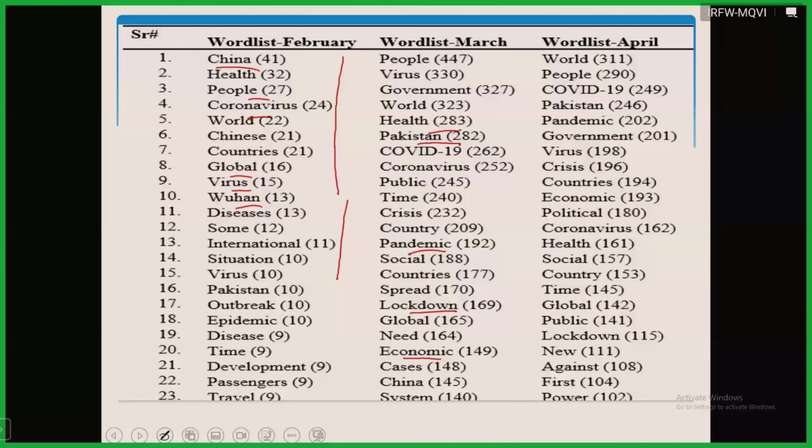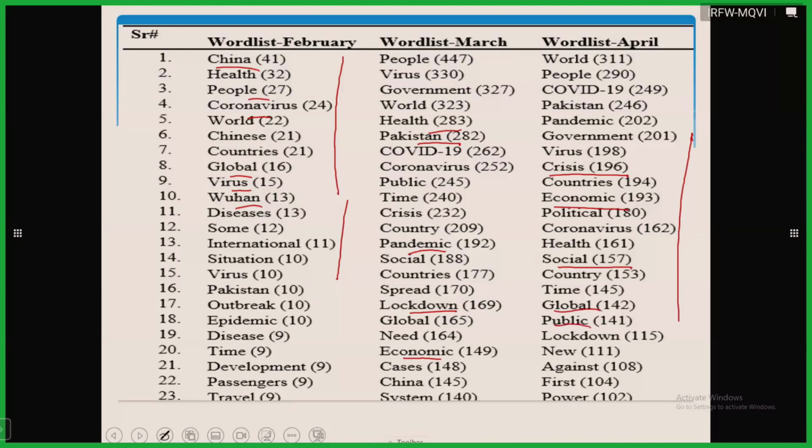Similarly, when you see April, you can see again that we are talking about the crisis now. The situation is getting grave. We have started talking about our economy. We have started talking about social issues. At the same time, we have also started talking about the global public.